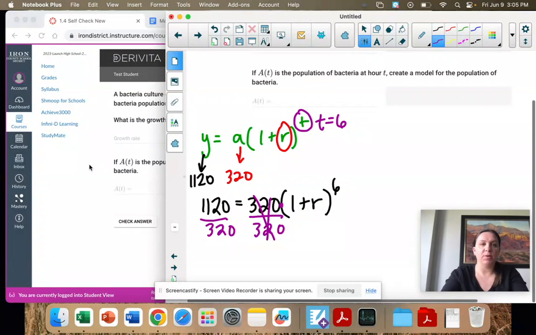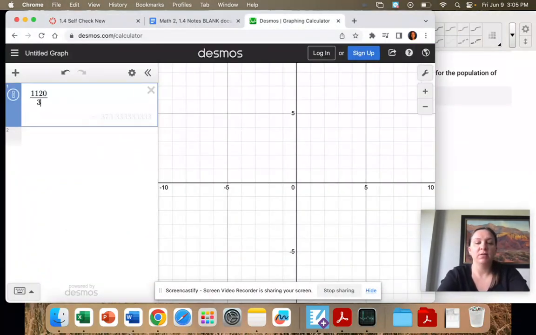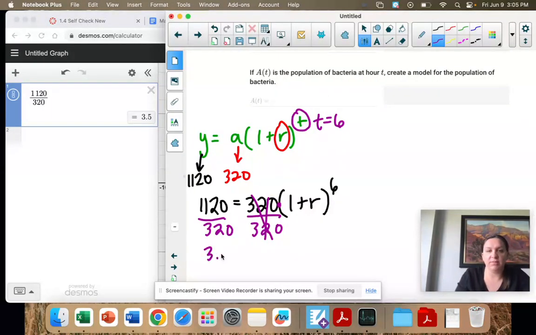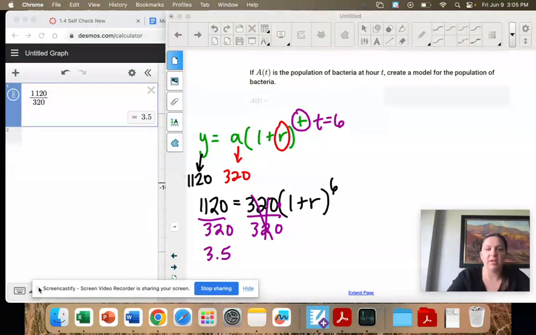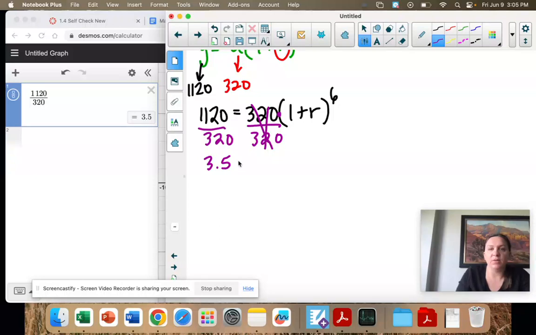So 1120 divided by 320 is 3.5. 3.5, I'm going to need more space, equals (1 plus r) to the 6th power.